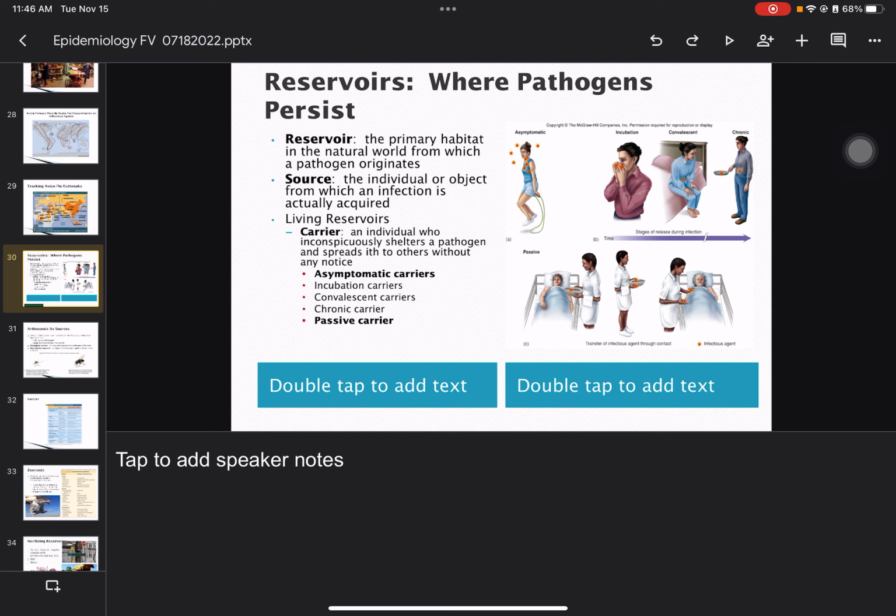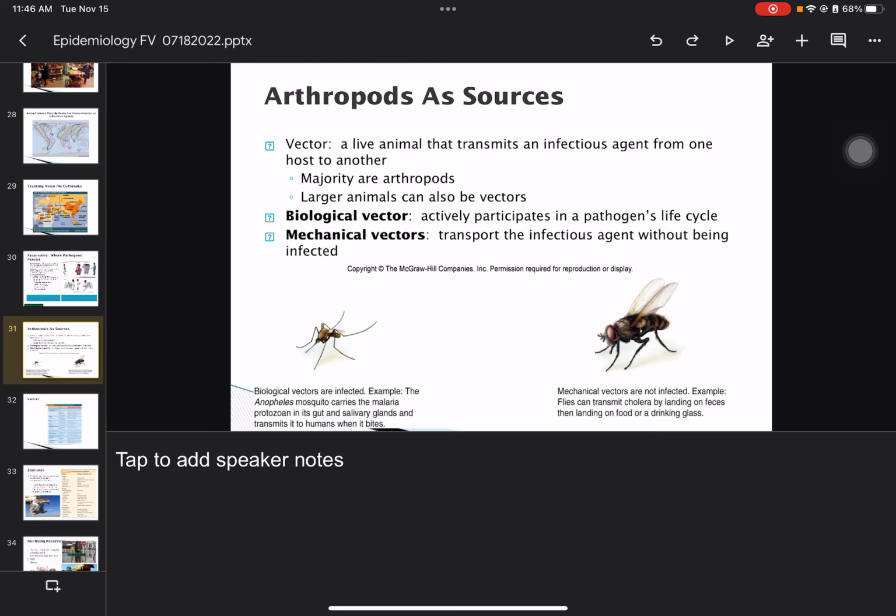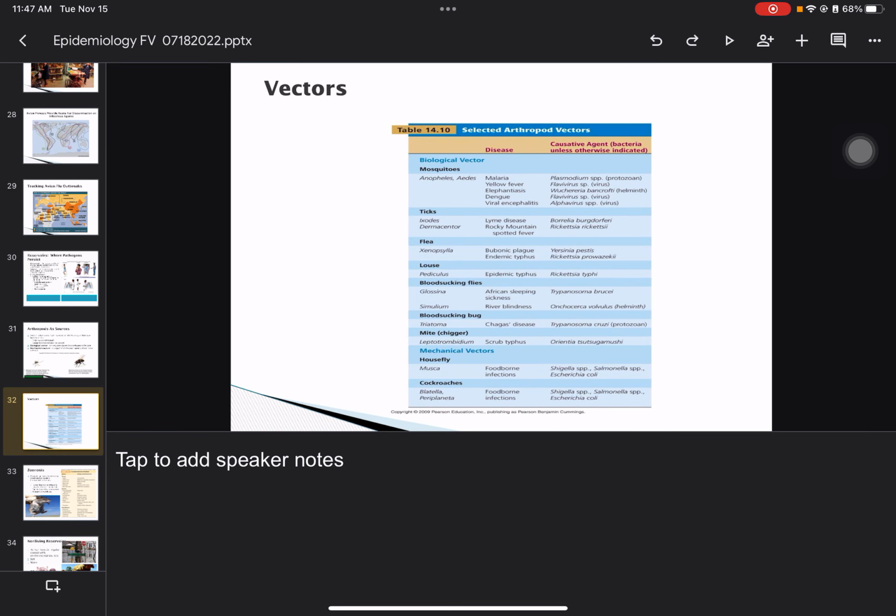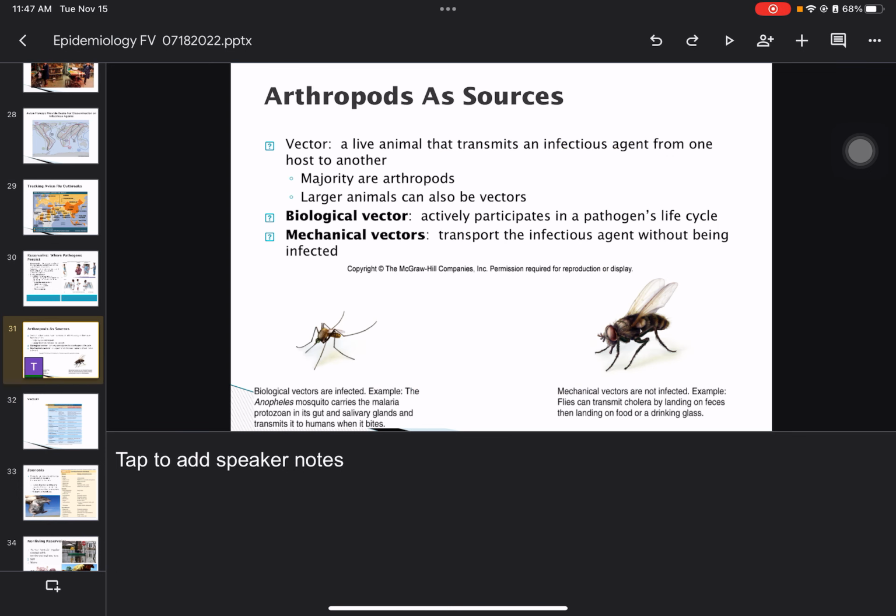Okay? So here's a mechanical vector, the fly, and here's a biological one. But here are a whole bunch of vectors. I don't expect you to know all these organisms, I just want you to see them. But I do expect you to be able to differentiate between a mechanical and a biological vector in case I put something together in a scenario, because you know how I like to do that.